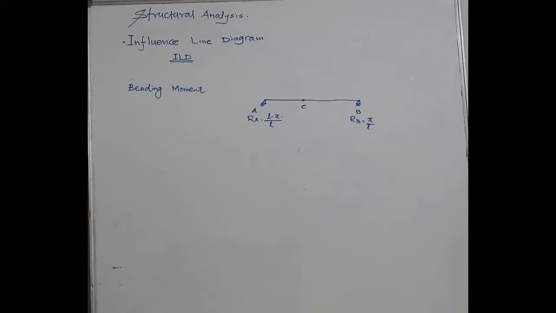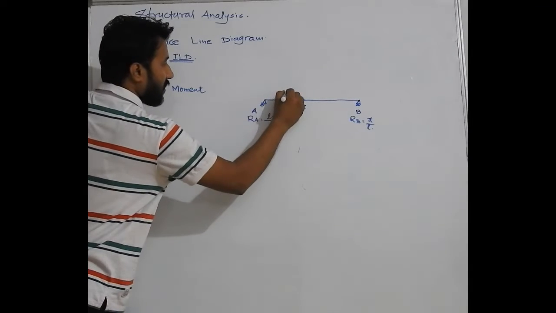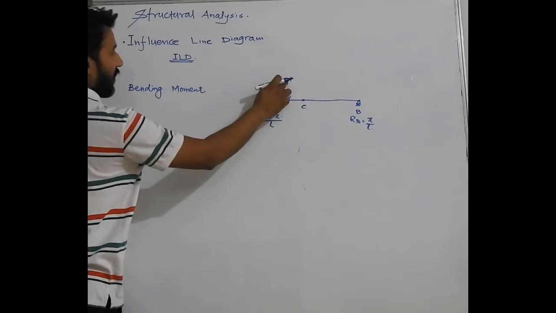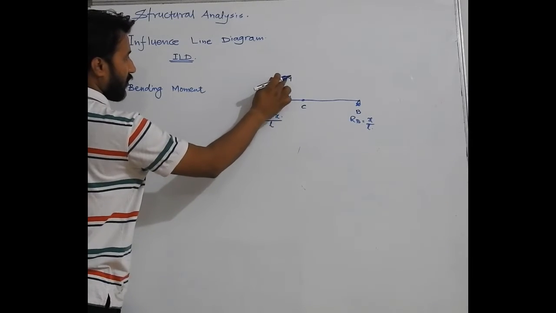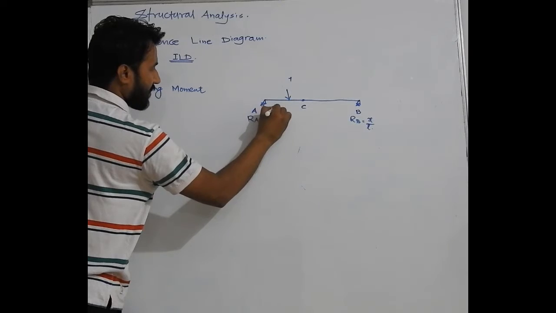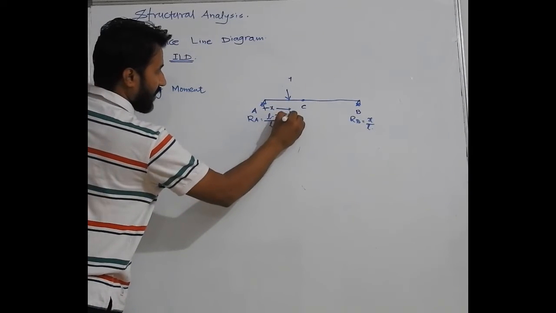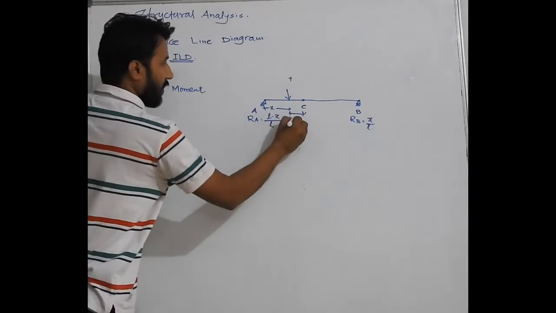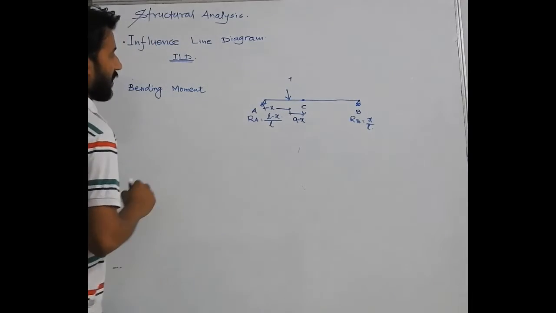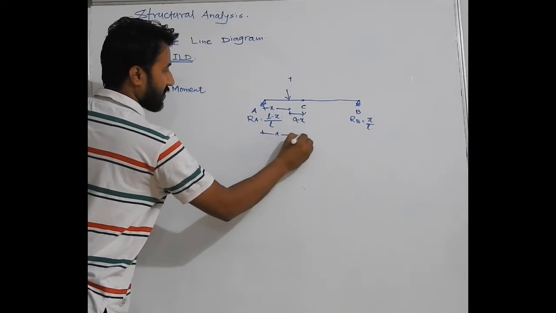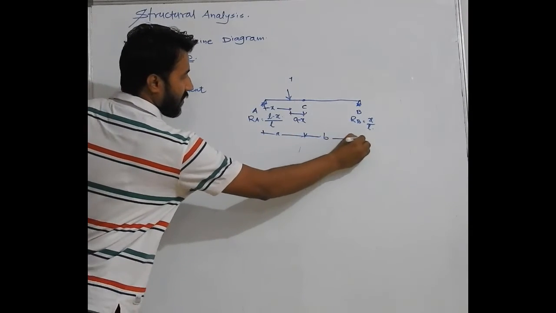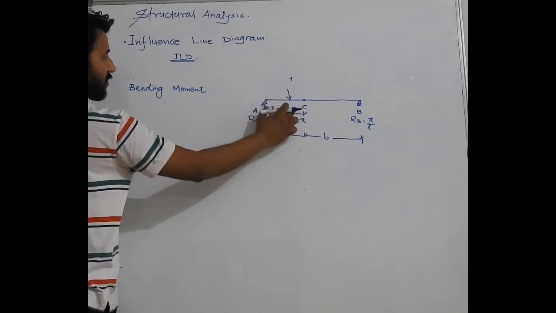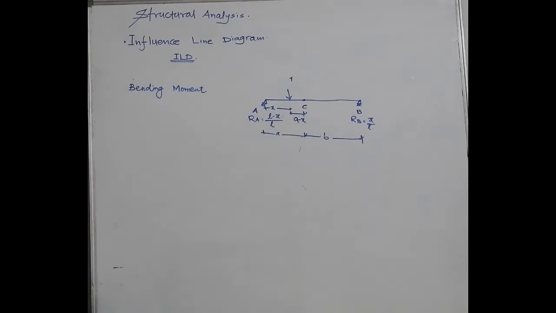Now we will consider a unit load of 1 kilonewton between A and C, at a distance of X from A. The remaining distance will be A minus X, because section C is at distance A and the other part is distance B. If this load is acting at x1, then the remaining distance will be A minus x1.